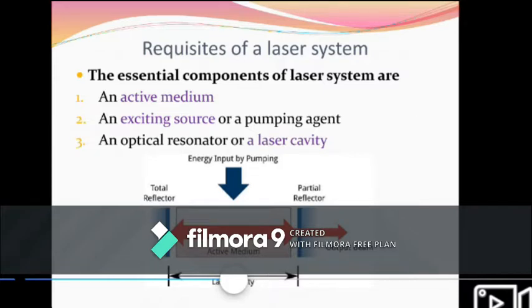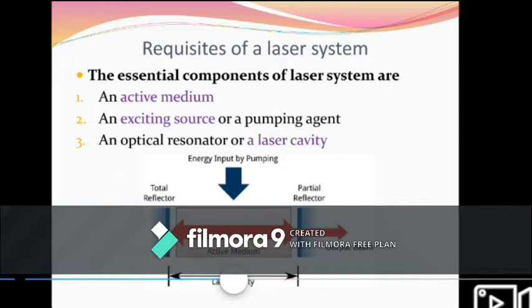The meaning of active is that only those molecules are where you get the laser output. There may be some other materials; they simply remain there as passive components, passive material. So the active material, the active centers, is where you get the actual laser wavelength.